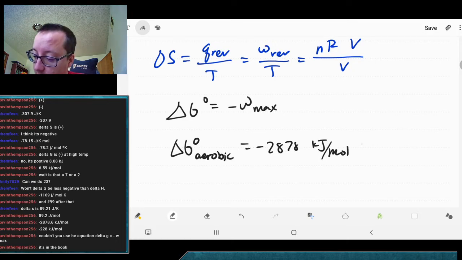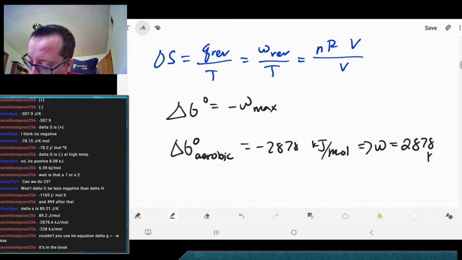That means, without having to calculate things, the work that we can make out of this is going to be the positive version of that.